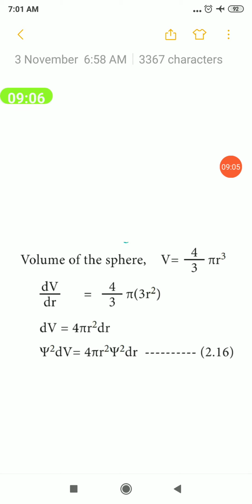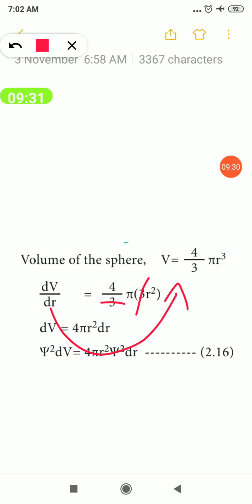On differentiation we have got dV by dr equal to 4 by 3 pi 3r squared. Then bringing the r terms to one side, on rearranging, the 3 gets cancelled, and we can bring dr to this side, so dV is equal to 4 pi r squared dr.